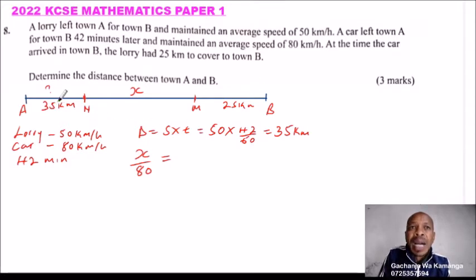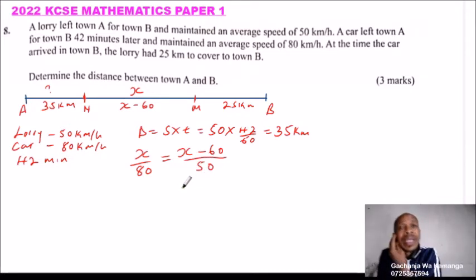When you add this distance now, we can get it in terms of X. We add 35 to 25, you get 60. So this distance is X minus 60, because X is the distance for the whole journey. So it is the same time the lorry took to cover this distance, X minus 60, and the speed was 50.